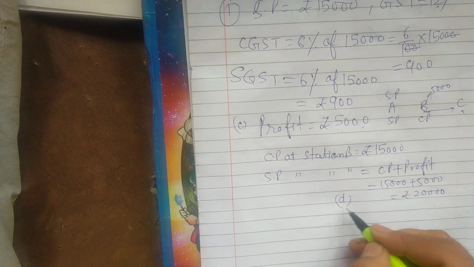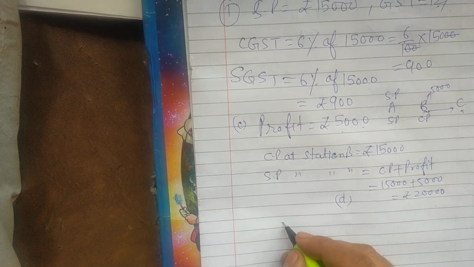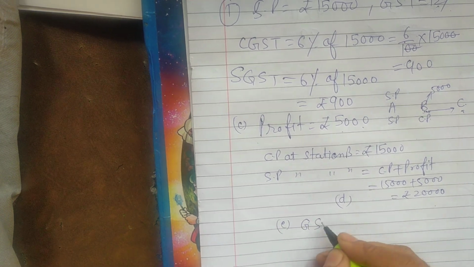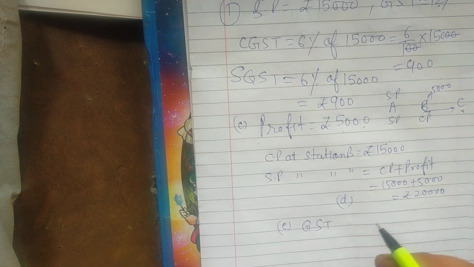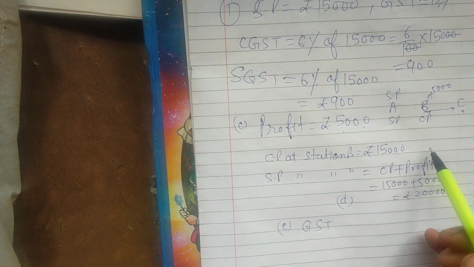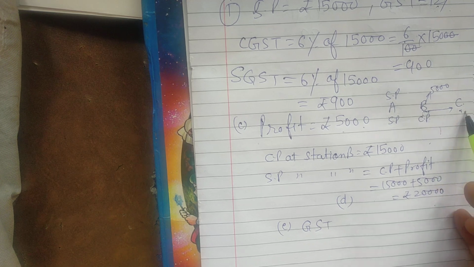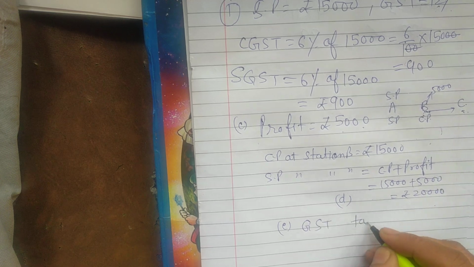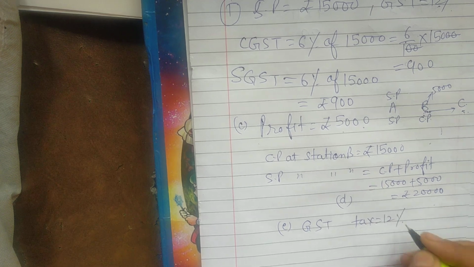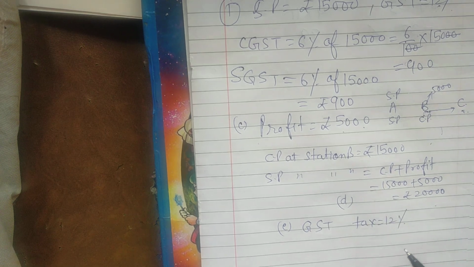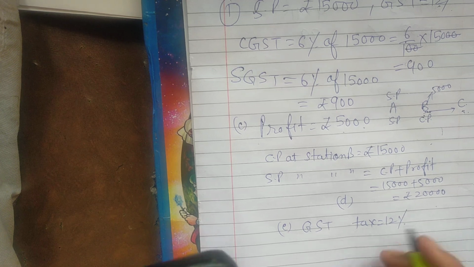This is the D part. So the E part is GST. Now the same goods and services are moved under interstate transaction from station B to C at the rate of tax 12%. So again we will calculate GST on 20,000.